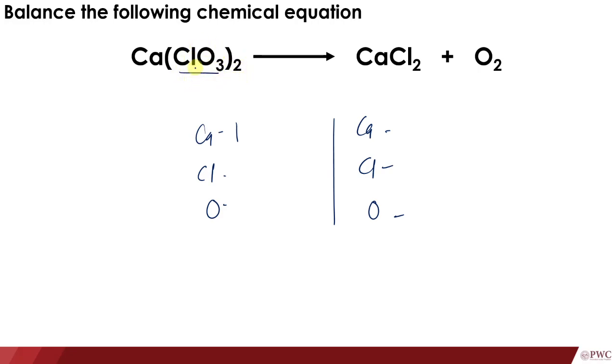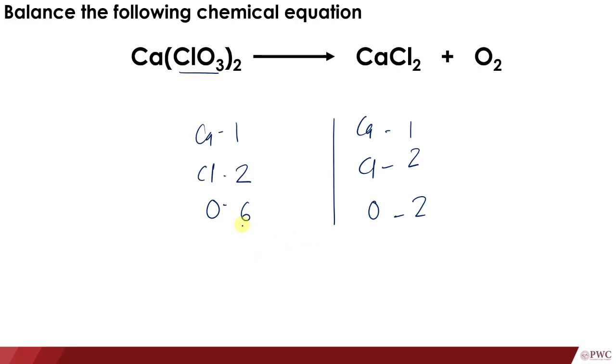So here we have 1 times 2, that's equal to 2. Then oxygen, we have 3 times 2, it's equal to 6 oxygen. On the right side, we have 1 calcium atom, 2 chlorine atoms, and 2 oxygen atoms. So calcium 1, 1, it's balanced for now. Cl 2, 2, oxygen 6, and then 2. So this one is not balanced.